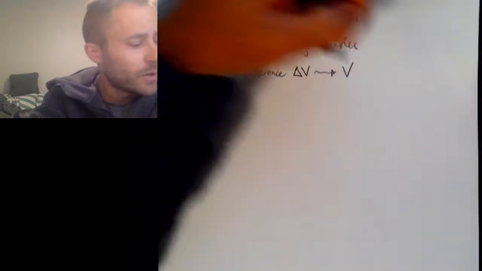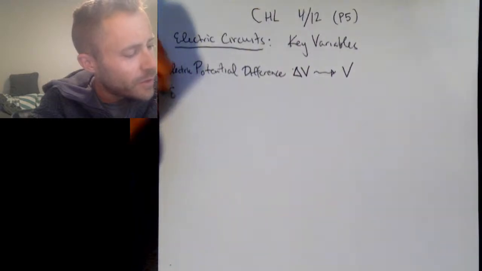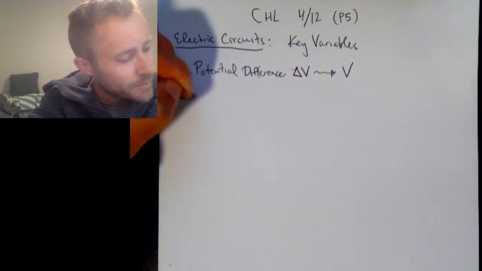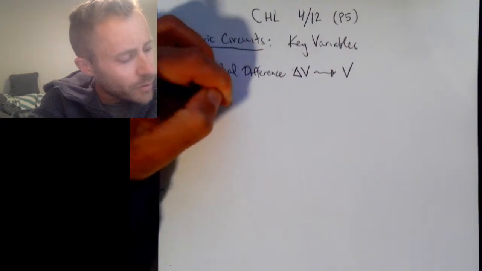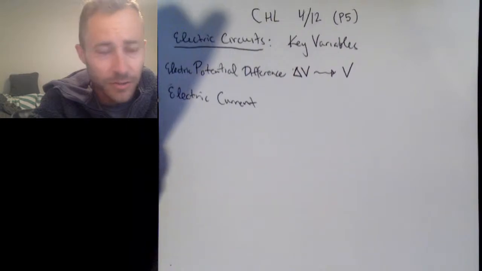And then the other variable is electric current, which you are familiar with from discussion of magnetism.